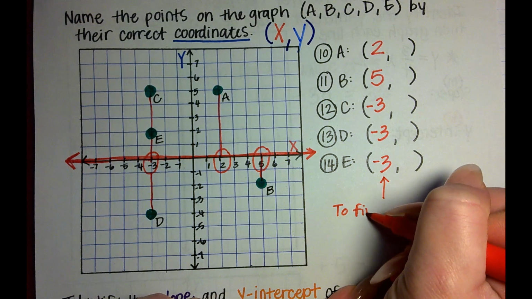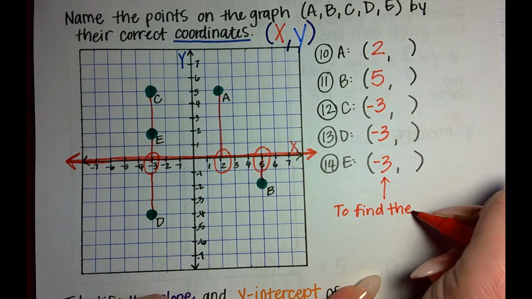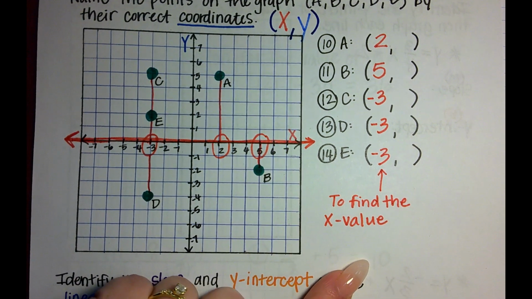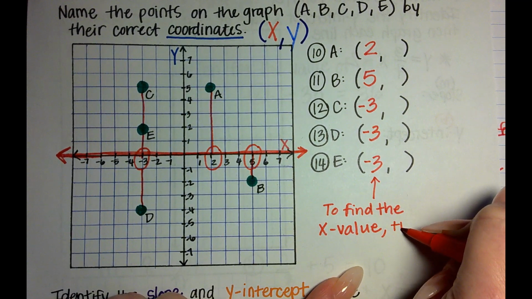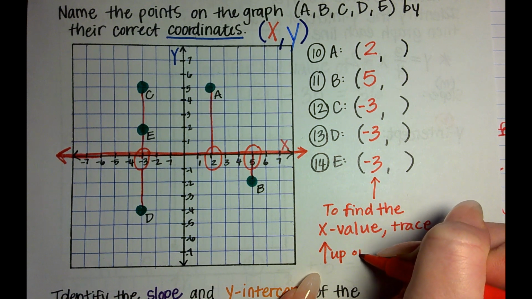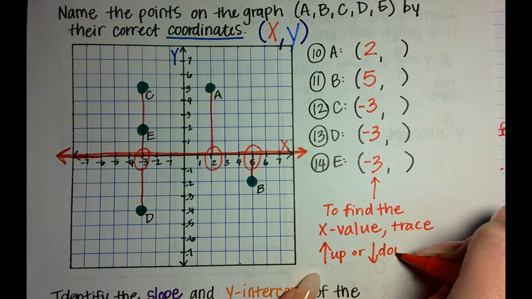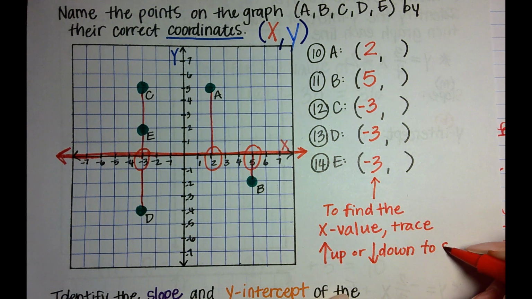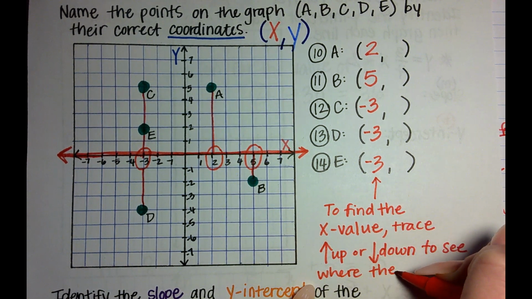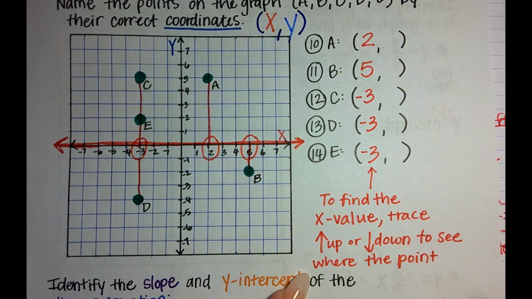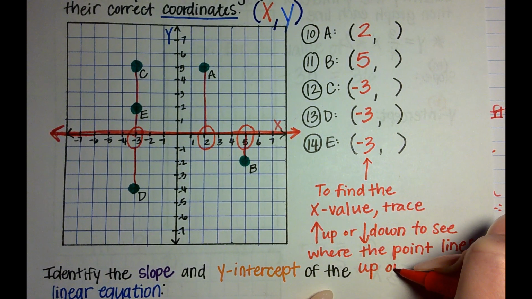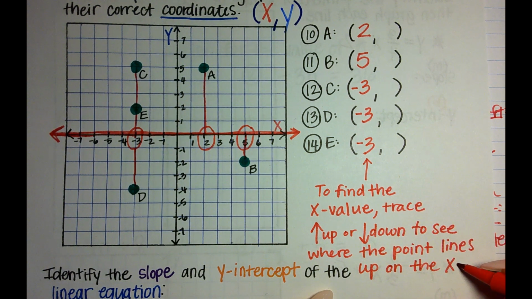To find the x value, trace up or down to see where the point lines up on the x-axis.